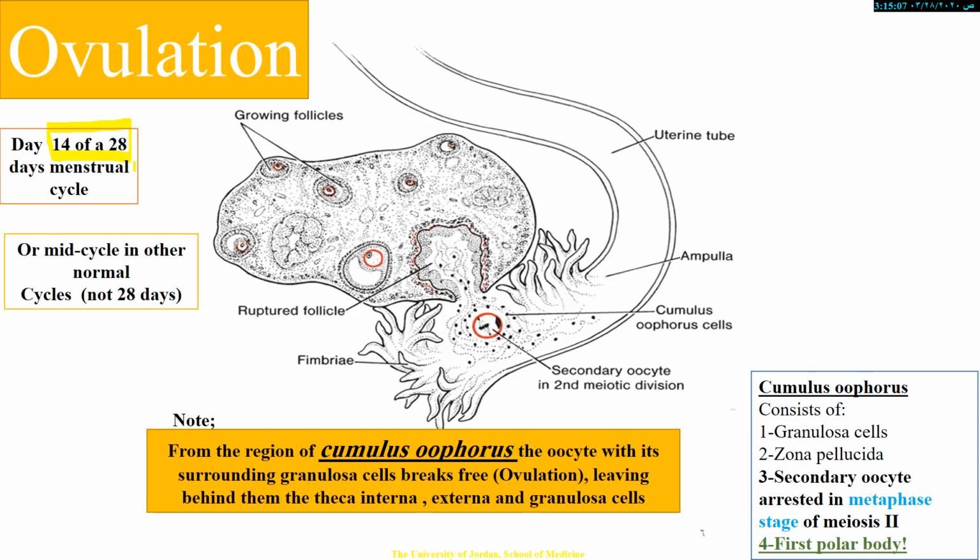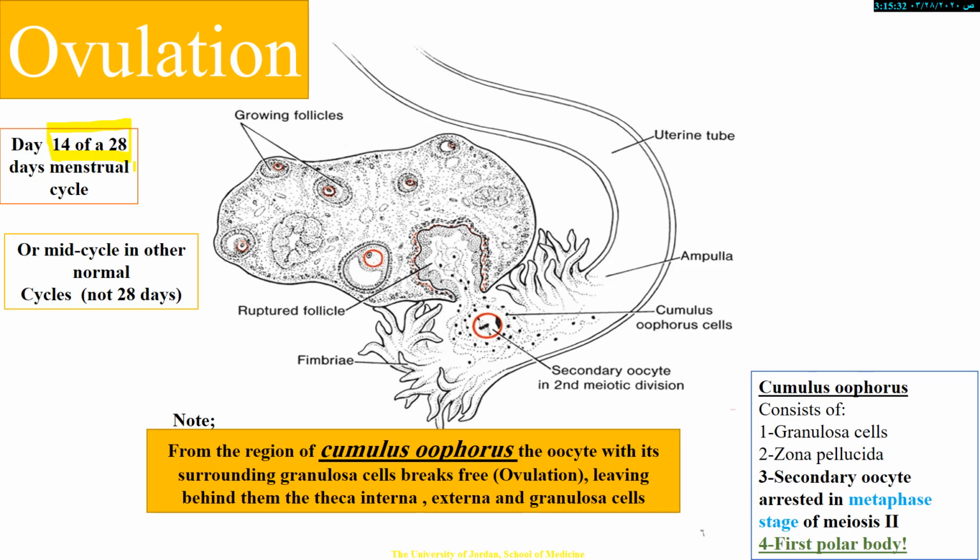Menstrual cycles vary in their length. They can be as short as 21 days, and we regard this as a normal menstrual cycle, and they can be as long as 35 days, and we also regard this as a normal menstrual cycle. However, having said that, the average is 28 days.